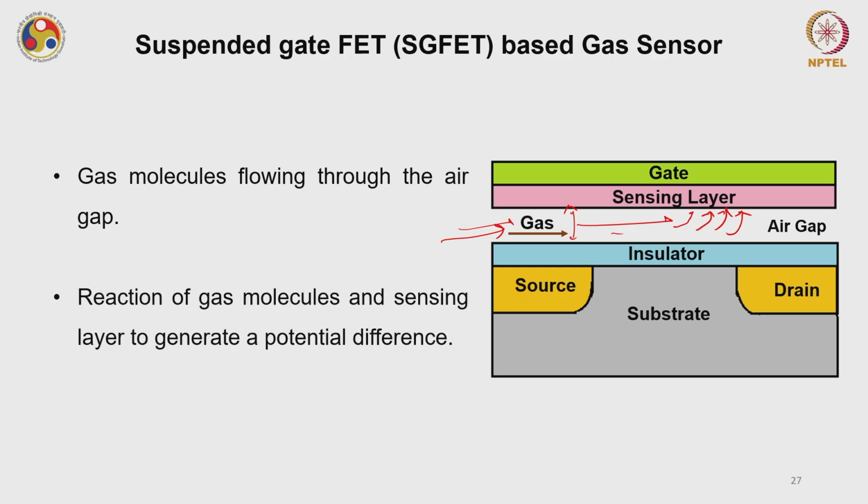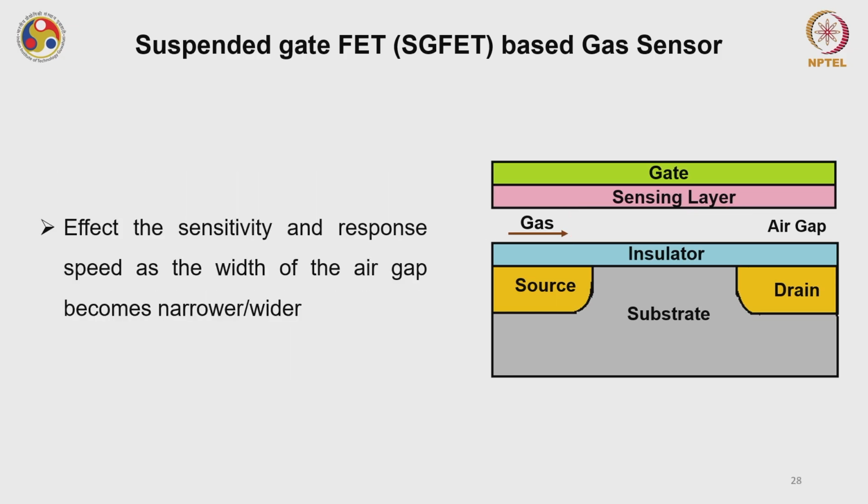Reactions of the gas molecule and the sensing layer happen, and a potential difference is generated, or there is some alteration in the drain current. The effect of this reaction is calculated in terms of the modulation of the drain current as well as the change in the gate potential.